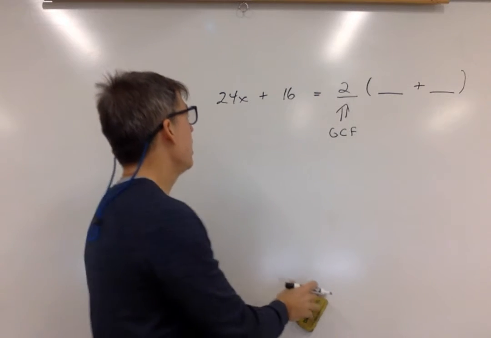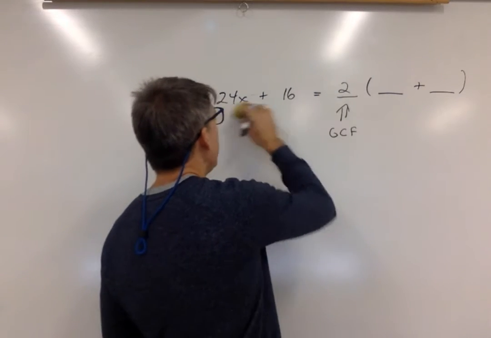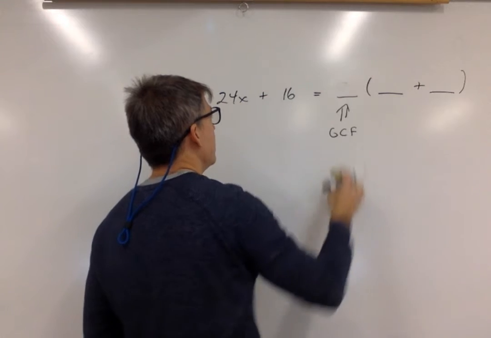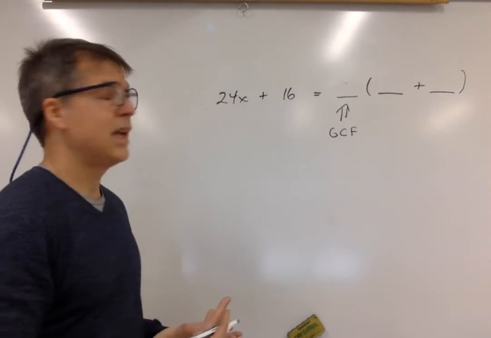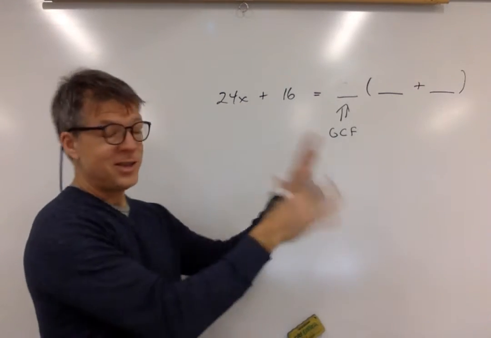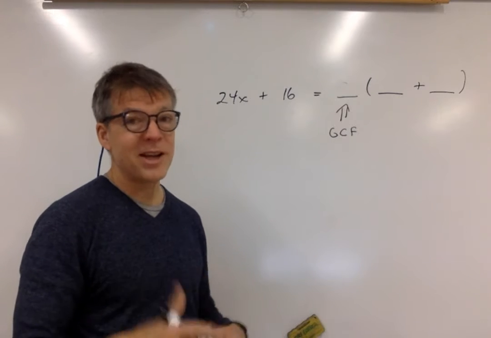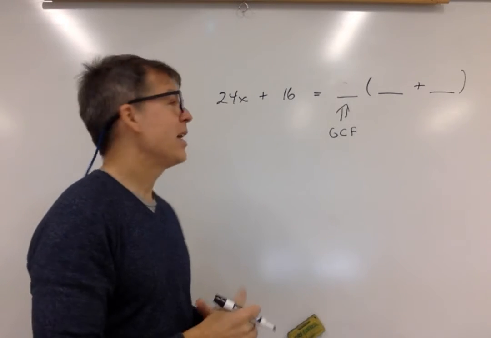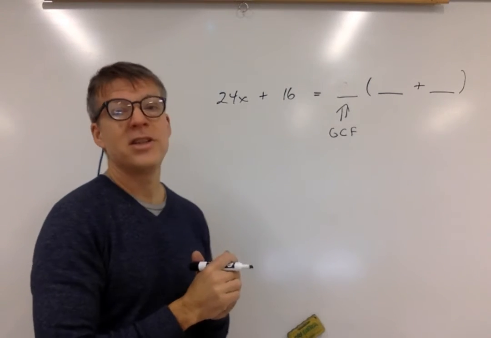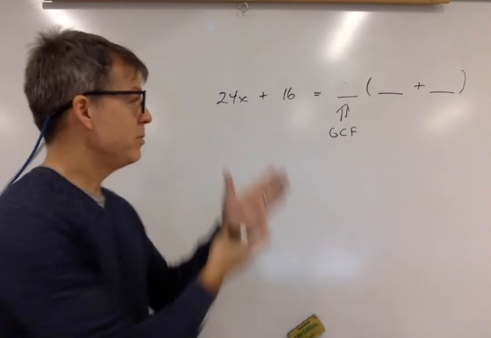So you might be like, oh wait, 4 goes into both of them. And I'm going to tell you, yes, you're right. And if you know how to do that, that's great. But it's not the greatest common factor. If you haven't seen it yet, the greatest common factor here is 8. So let me put that in.